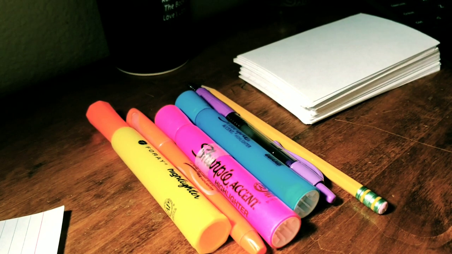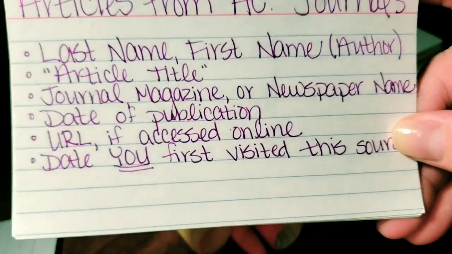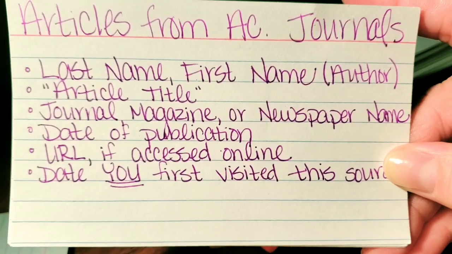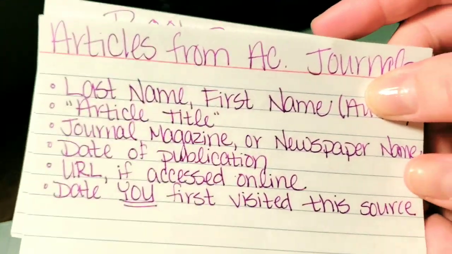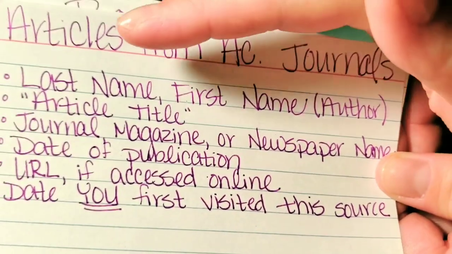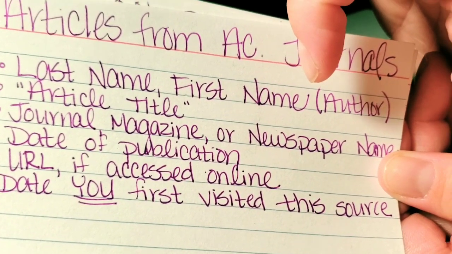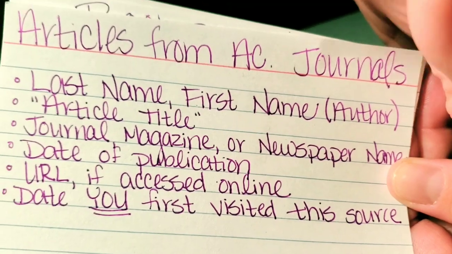The one that is the most common that you will get from Google Scholar are articles from academic journals. And you can see there, the first bit of information you want to make sure you have is the last name and first name of the author.